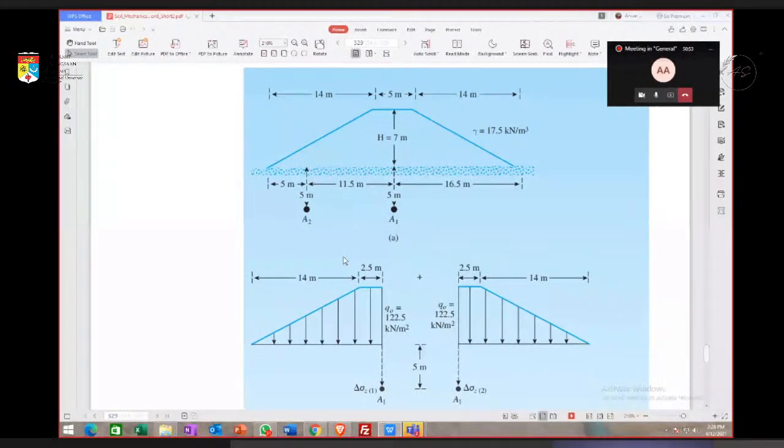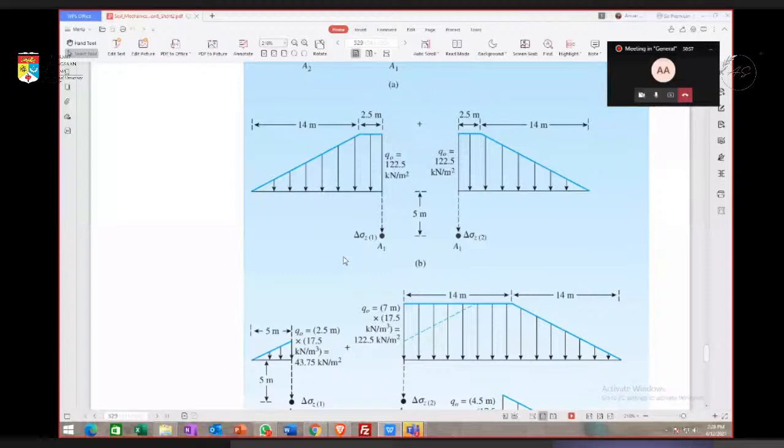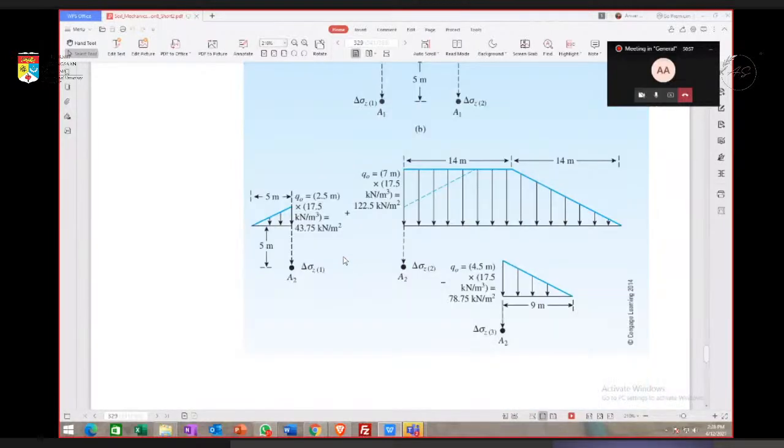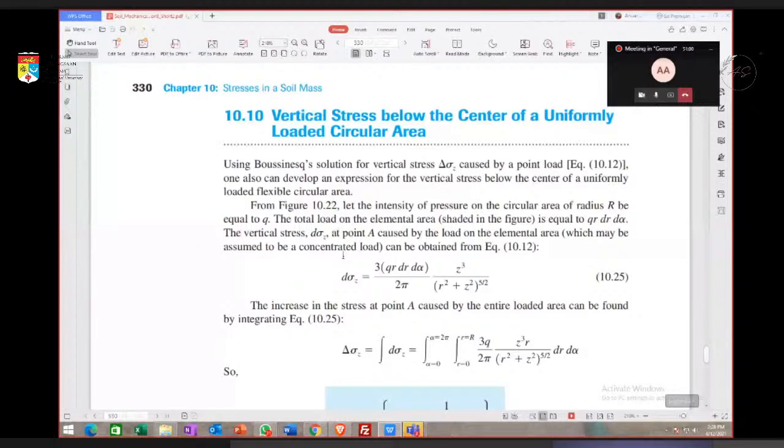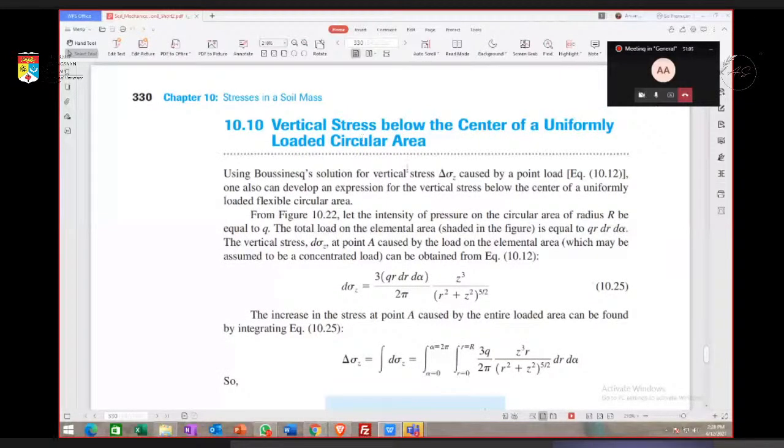And then after that, we learn how to calculate the increase in stress due to a uniformly loaded circular area, meaning the area is circular. In real life, let's say we put a water tank on top of soil.